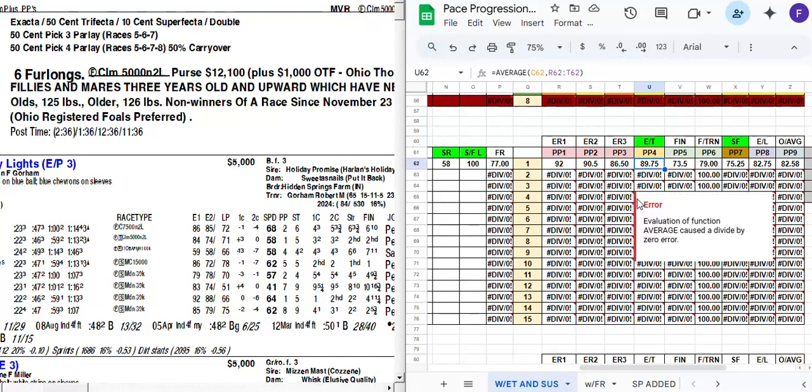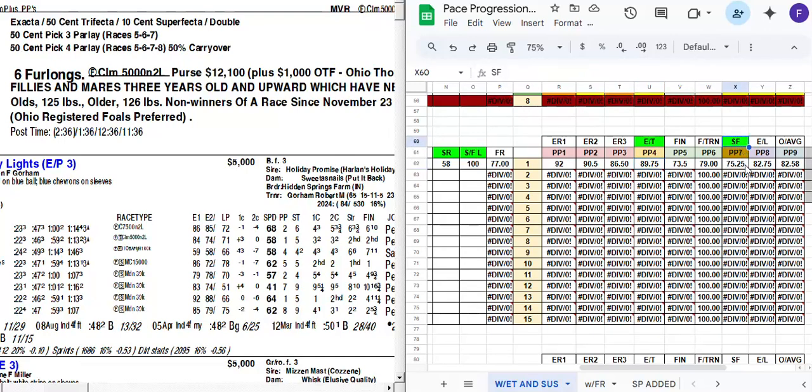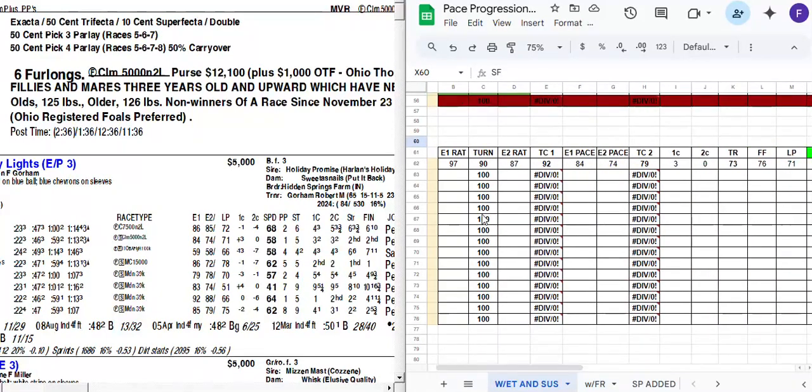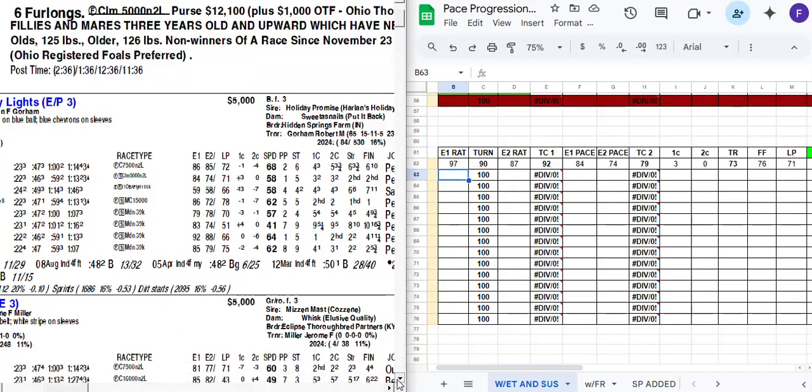And now we have our early and turn and our sustainability factor of a 75.25. So let's do a couple horses here. And what I'm going to do is I'm going to pause after I do a couple more, and then I'm going to come back with the result when the chart's done. And we'll evaluate. We'll kind of look at the picture that it's painted for us.